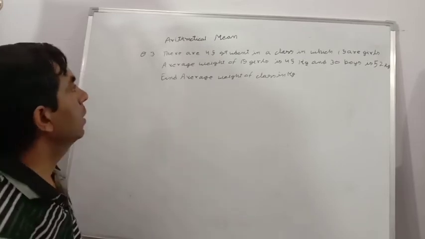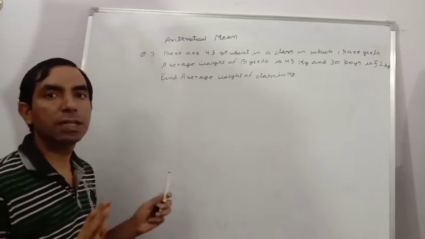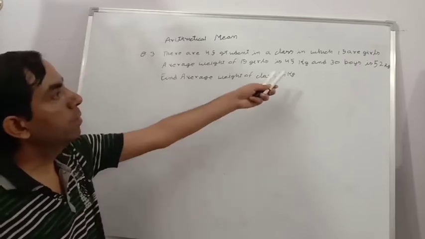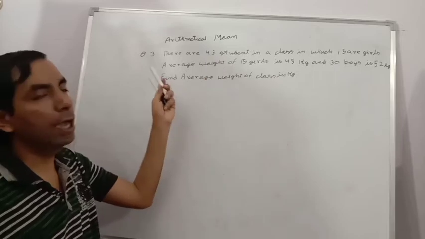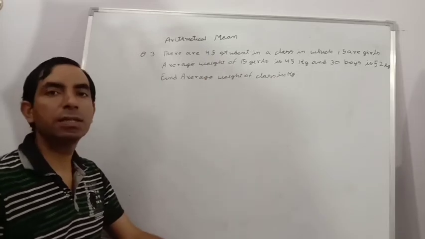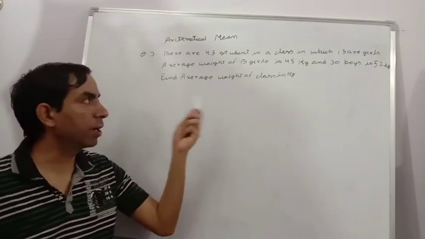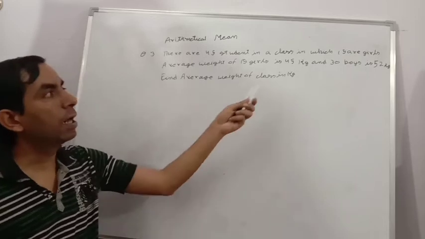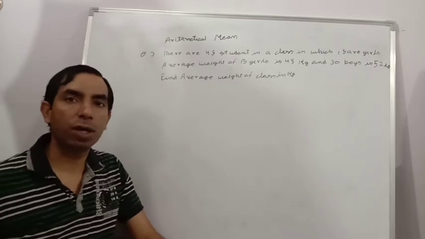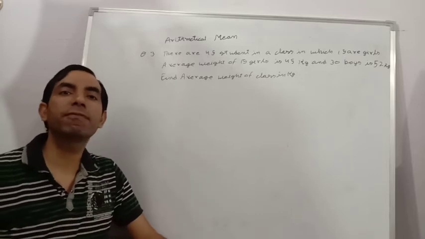Here we have been given that there are 45 students in a class. Means total students in the class is 45. In that, 15 are girls. The average weight of 15 girls is 45 kg. That is, the average is given, means the arithmetical mean of girls is 45 kg. And the arithmetical mean of the 30 boys is 52 kg. Here we have not been given the weight of any one student.